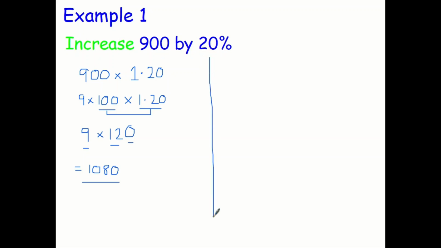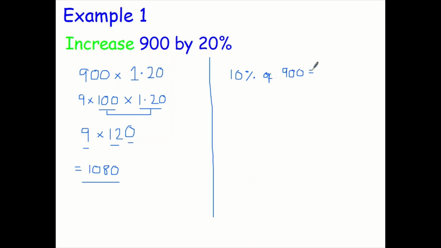Another way, equally fine, is to work out 10%. So 10% is always a good starting point for percentage questions. 10% of 900 is of course 90, because we're dividing by 10.